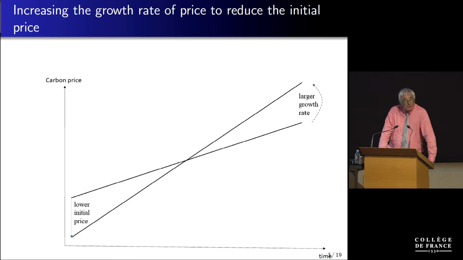So the consequence is that the price of carbon is too small in the short run, too large in the long run. The growth of the carbon price is too large, as I will show. And that implies that we have clearly misallocation of the effort of mitigation over time.